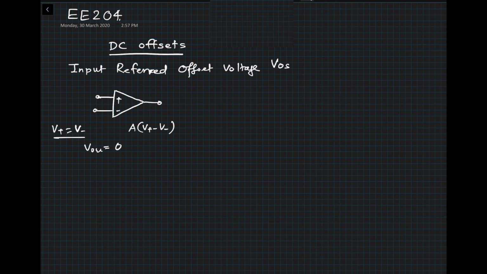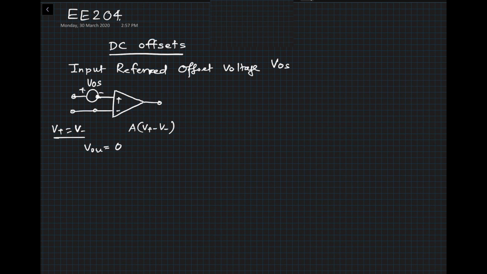However, because of manufacturing variations, or there are multiple causes, you can have an offset, and that offset you can refer at the input as VOS. The sign is not important because it could be plus or minus.